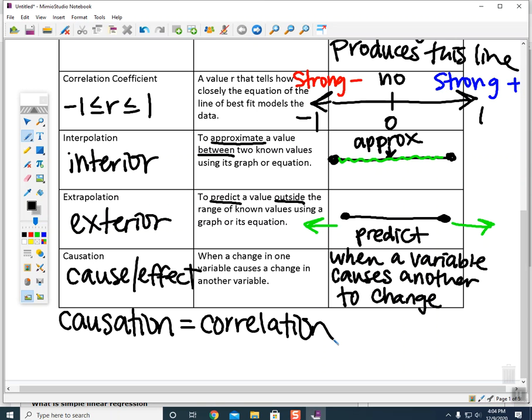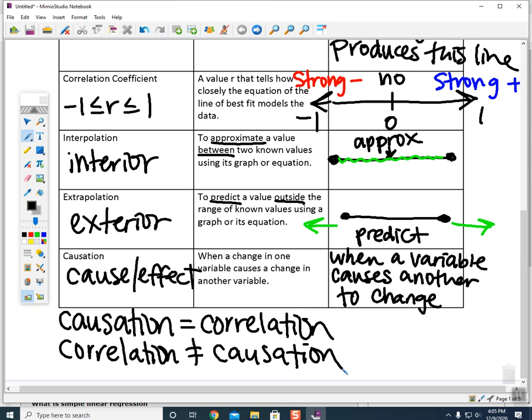On the flip side though, just because something's correlated does not mean that there's causation. Okay, something has correlation, that does not necessarily mean that it has causation. So think about a ridiculous example like shoe size and test scores, right? We would probably all agree that there is no correlation between shoe size and test scores.